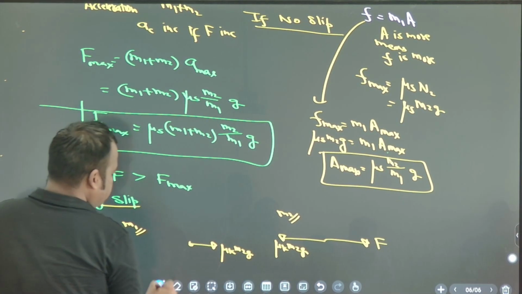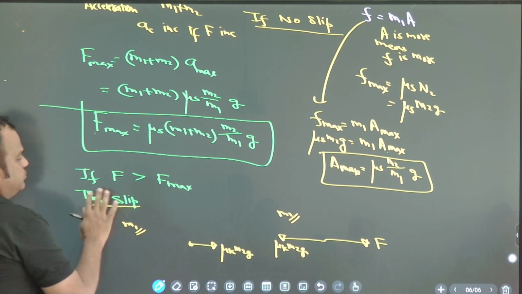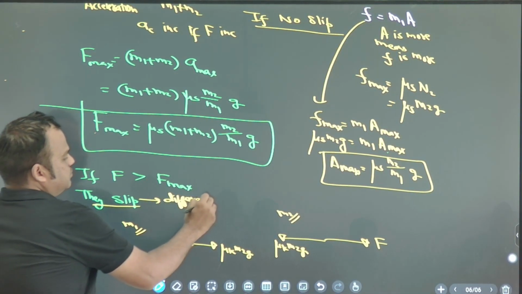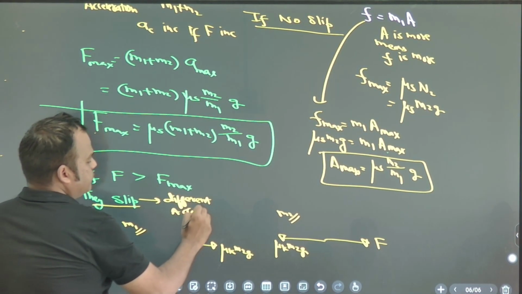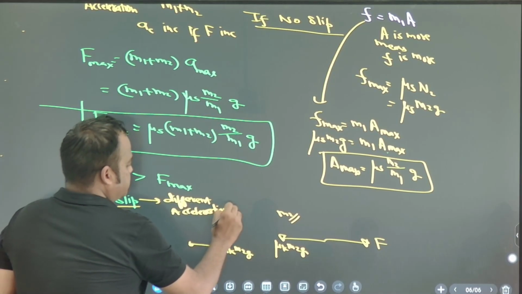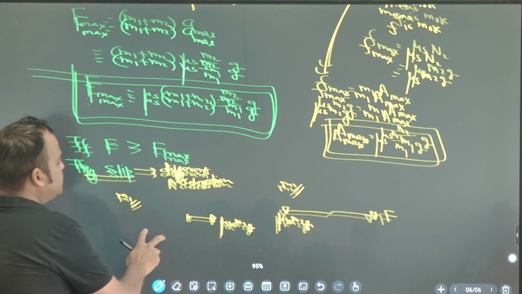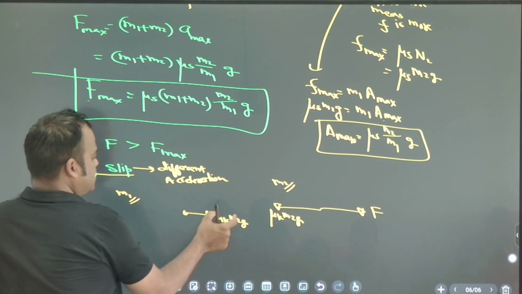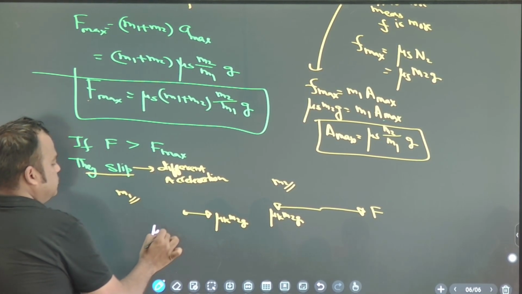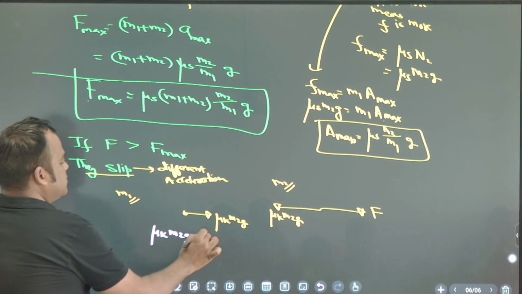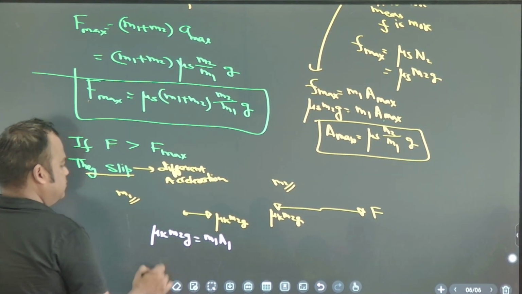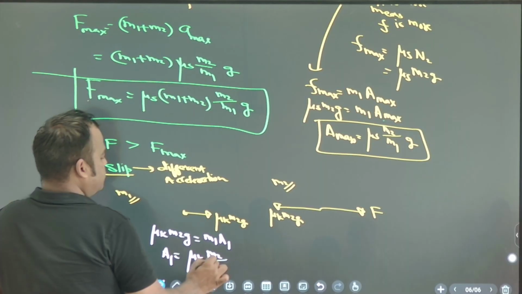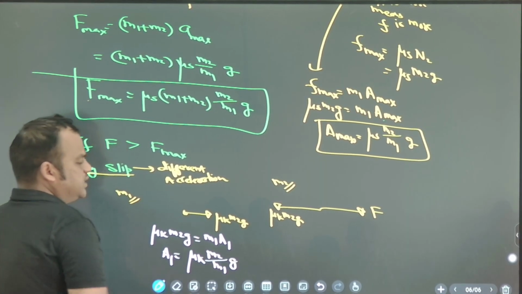Now find accelerations. They slip means acceleration is different or same? Different. So they have different accelerations. How to find acceleration of M1? Unbalanced force is equal to MA. Mu k M2 g is equal to M1 A1, so A1 is mu k M2 by M1 into g.